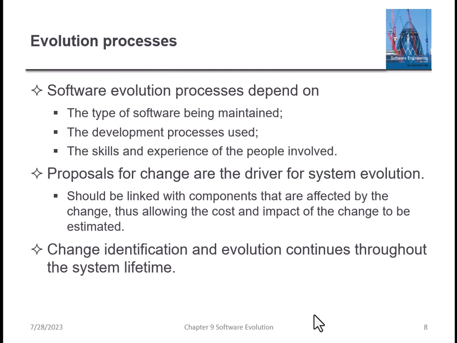Proposals for changes are the driver of system evolution, and should be linked with the components that are affected by the change, thus allowing the cost and impact of change to be estimated.